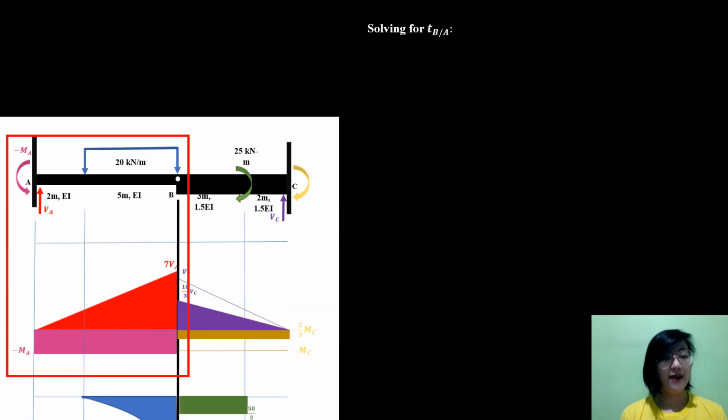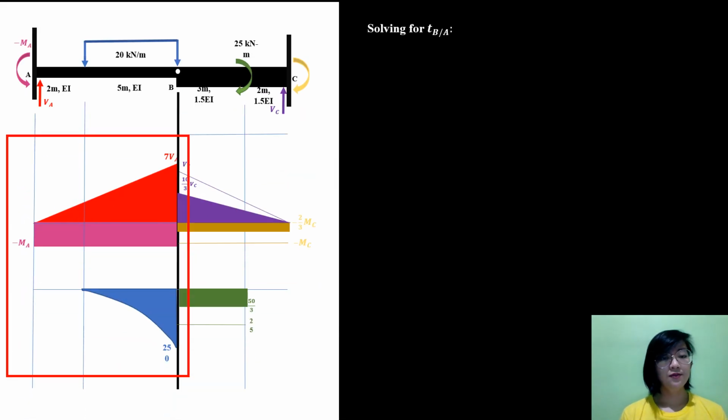So now let's go to letter E, which is TBA, or the tangential deviation of B with respect to the tangent drawn from A. So now, solving for TBA, here's a problem. So in this problem, ito ang kailangan natin, itong part lang na to.